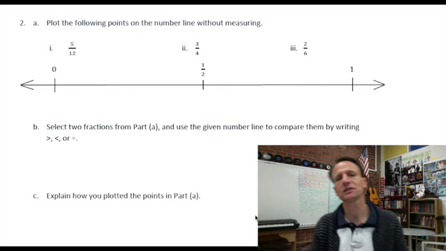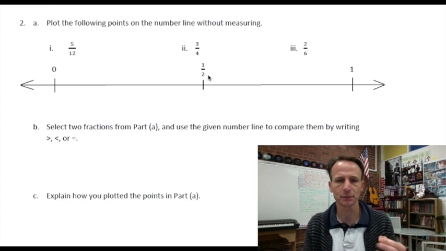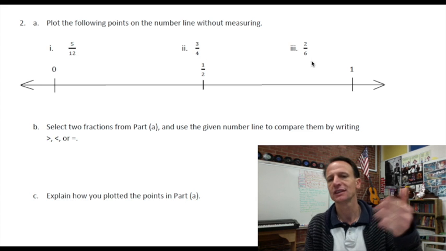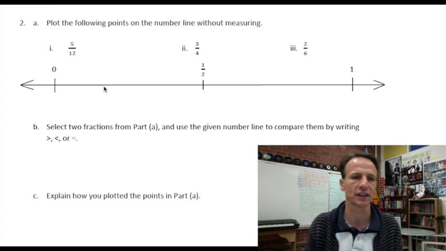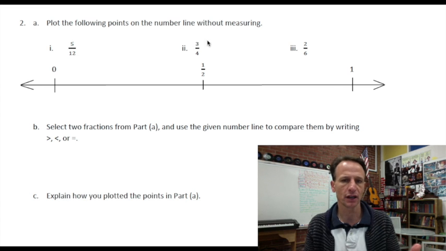And number 2 here is actually just pretty well more of the same. In fact, this one has something about it that makes it even a little bit easier, because we're dealing with 4ths, 6ths, and 12ths, and so those work together quite nicely, as you'll see. Okay, so I'm going to start with the 3/4 here, because it's just going to be easier that way.